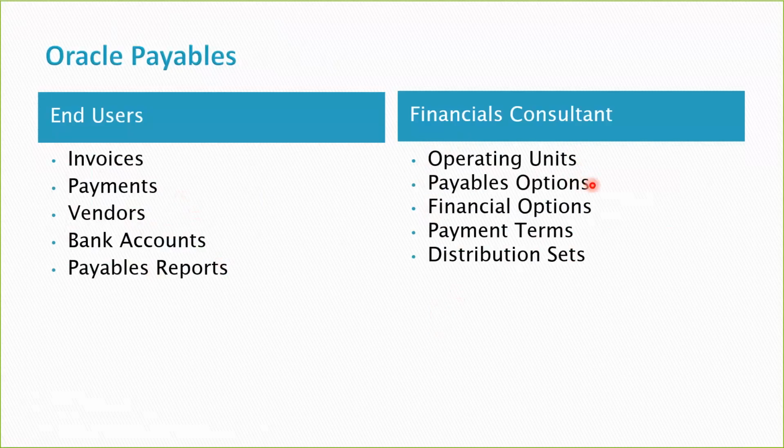We have another thing called payment terms, and also distribution sets. Okay, so this is not everything that you're going to have to define. These are just examples, and we're going to see that some of them here are required or mandatory, while others can be optional. For example, distribution sets can be optional, but you have to define operating units and financial options.